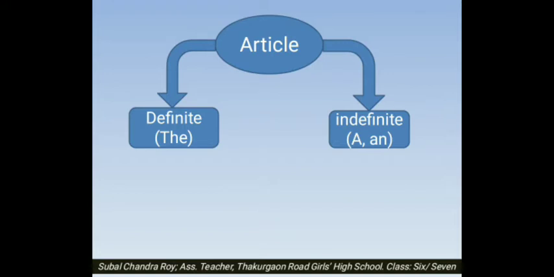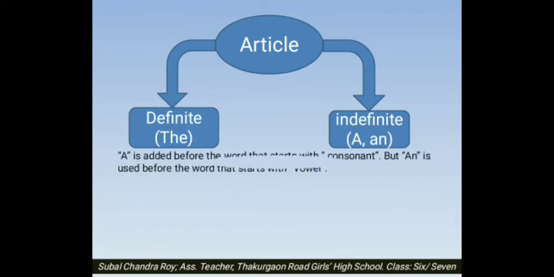Okay, dear student? So, let's know about the use of a or an, where we can use a or where we have to use an. Let's read these words. A is added before the word that starts with a consonant.